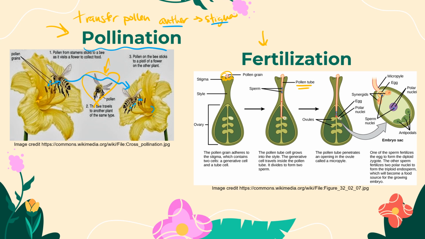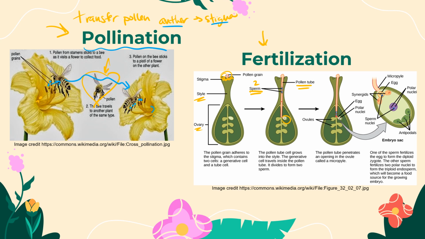As that pollen tube grows, the other nucleus, the generative cell, is going to travel down the pollen tube. Crazy cool thing, it goes through mitosis one more time, and we end up with 2 sperm cells inside the pollen tube. That pollen tube is going to grow down the style and then through the ovary all the way into one of those ovules.